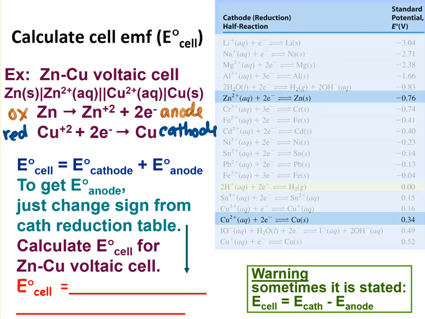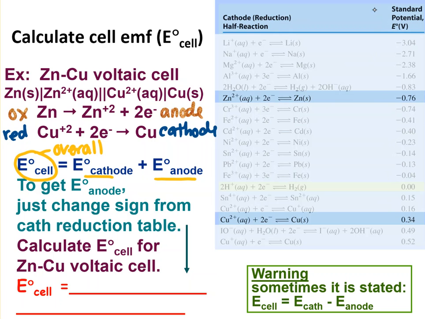Okay, so the potential of the cell, this is the overall. In other words, this is what would read on a voltmeter if you put it between the two half cells. It is dependent on both of these potentials. Okay. The thing is, this table only has the reduction potentials.